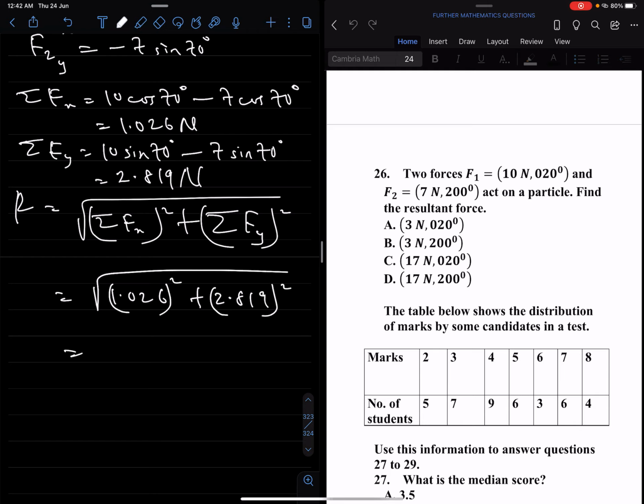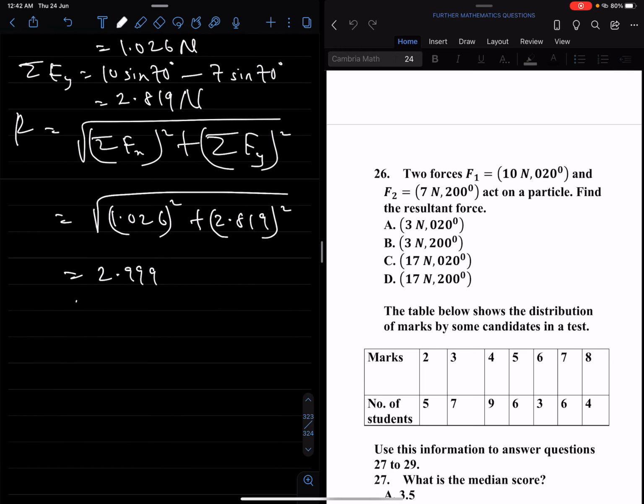We find the square root of our answer, and that simply means 2.999, which is approximately 3 newtons.